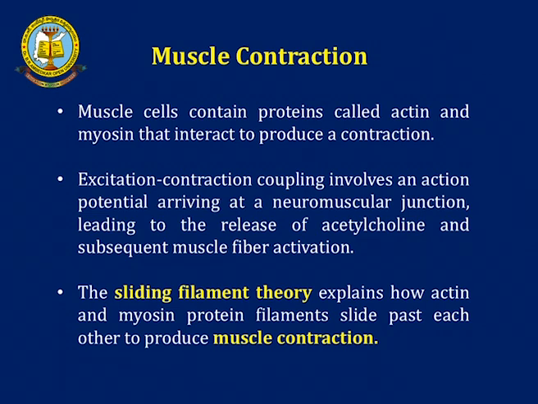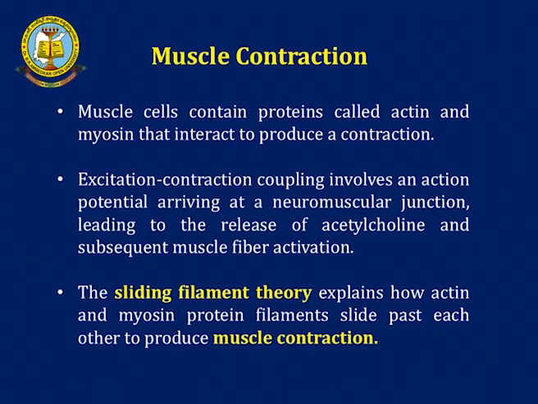Excitation leads to contraction by coupling, and it involves the action potential. This action potential occurs at the neuromuscular junction. The connection between the nervous system and the muscular system is called the neuromuscular junction.